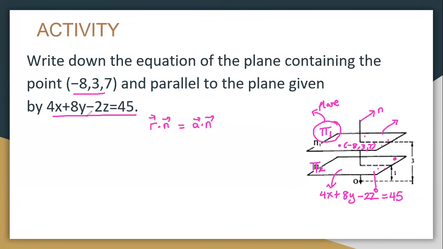But what did we say? We say that whenever we have a plane, in order for us to be able to get our norm, always our plane is written in this format: ax plus by plus cz is equal to d.